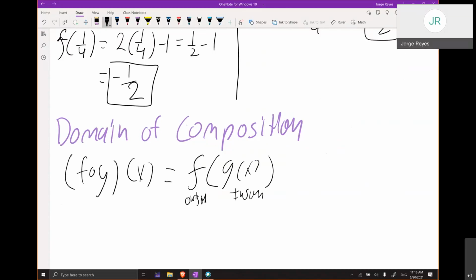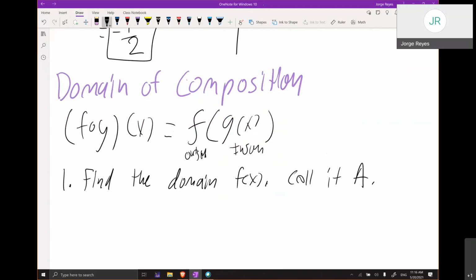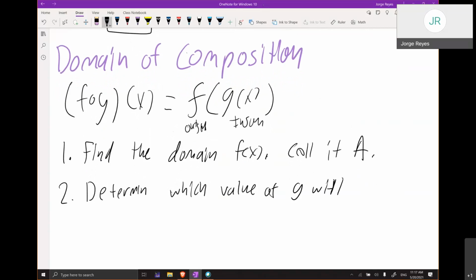All right, so what you have to do is, step 1, find the domain of f, the normal function, and let's call that A. Number 2, determine which values of x give values of g of x in A, excuse me, I meant values of x.